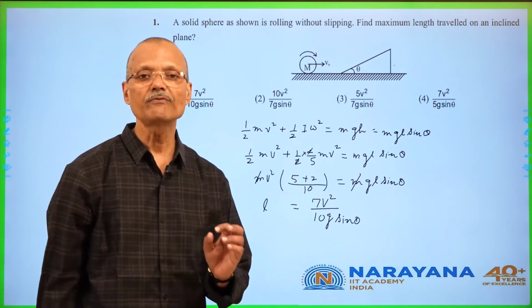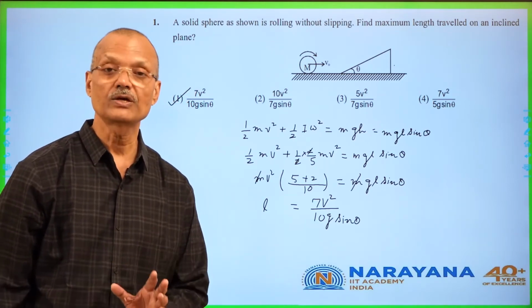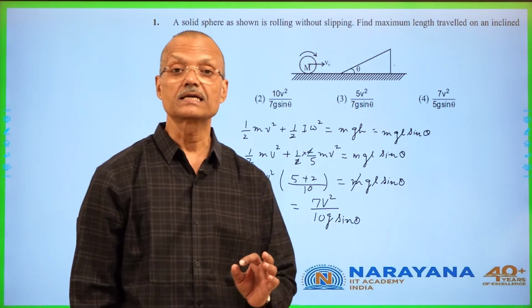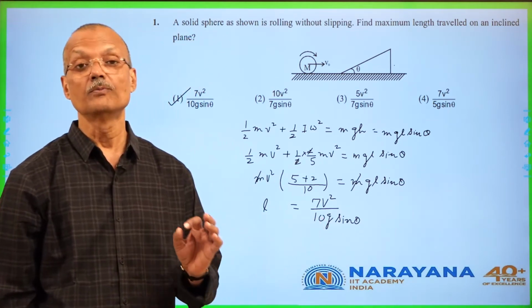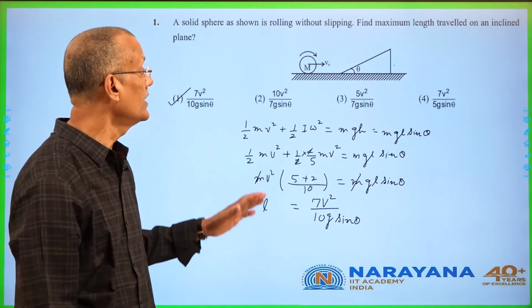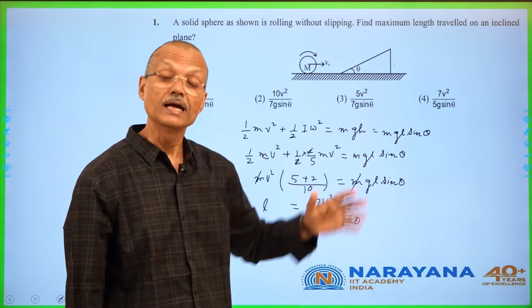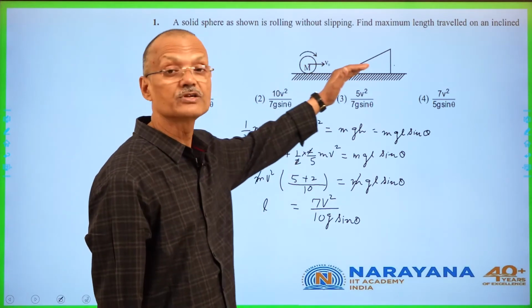Simple. You have used conservation of energy. You have equated the total kinetic energy, translational plus rotational, to the potential energy. In this, many variants are possible. Here you have taken a body rolling on an inclined plane. It may be possible that it is completely frictionless.